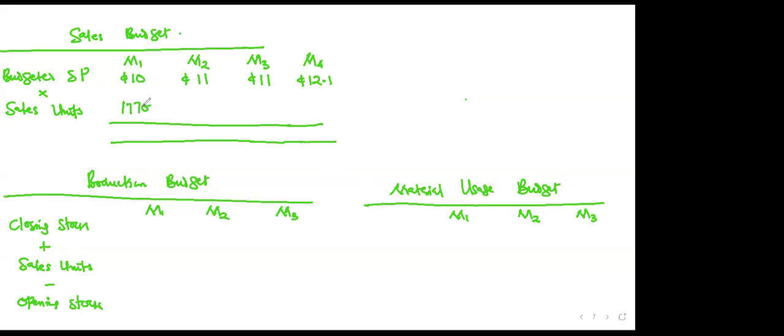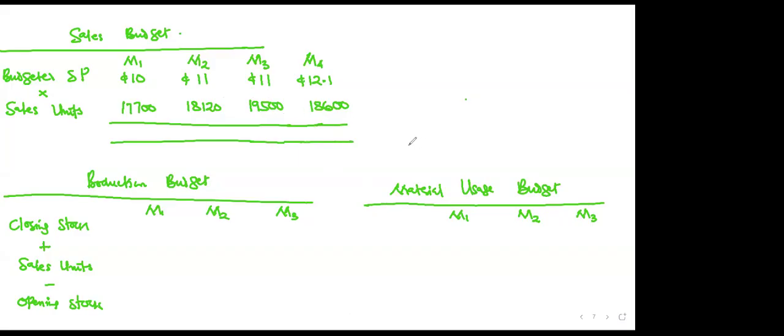Month 2, 18,120. Month 3, 19,500. Then month 4, 18,600. So clearly, everybody can find our sales, right?